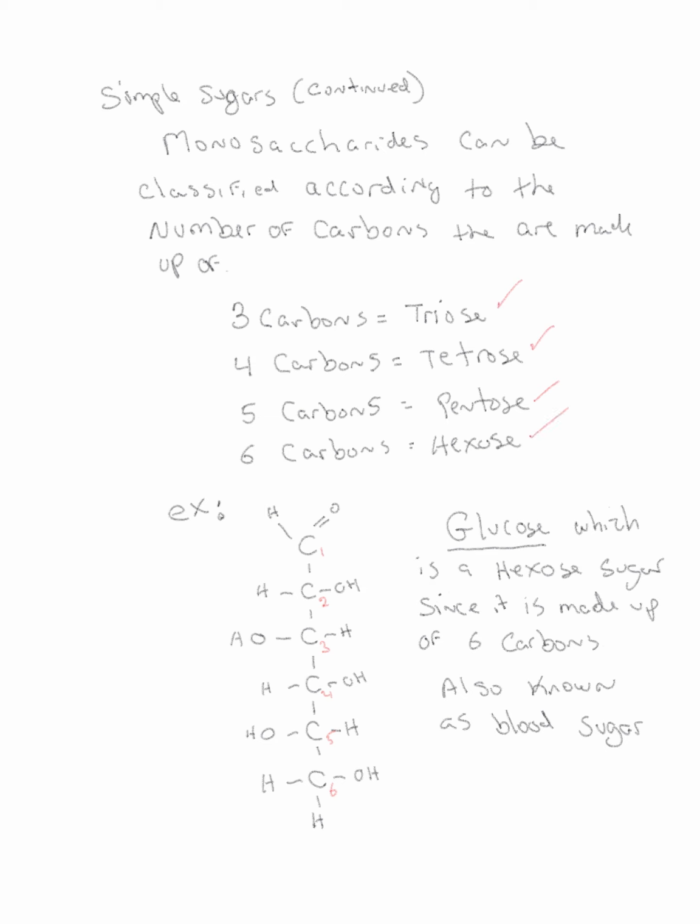So for example, we mentioned already glucose. Glucose has 6 carbons in it. You can see I numbered them: 1, 2, 3, 4, 5, and 6. Pentose is 5, hexose is 6, so this would be a hexose sugar. And again, glucose is known as a blood sugar.